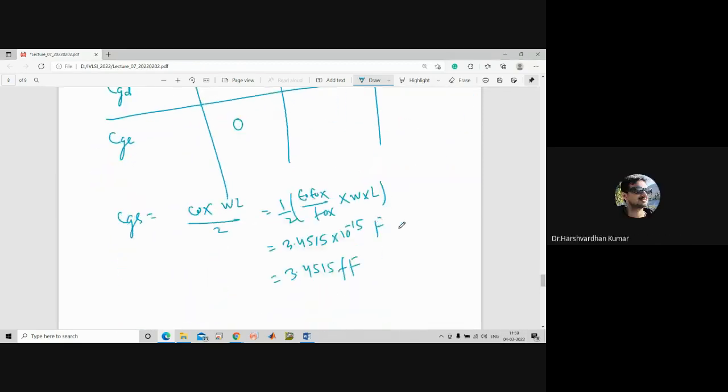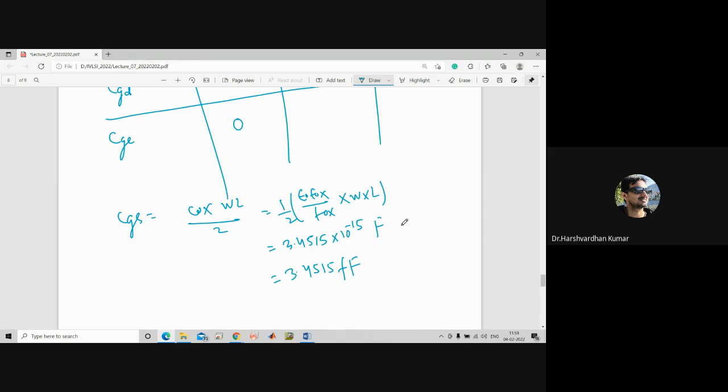Sir, I think epsilon naught should be 8.85 into 10 to power minus 14. No, you are not calculating in centimeter. Okay, yes. And you can say it is in meter. Then how much are you getting?